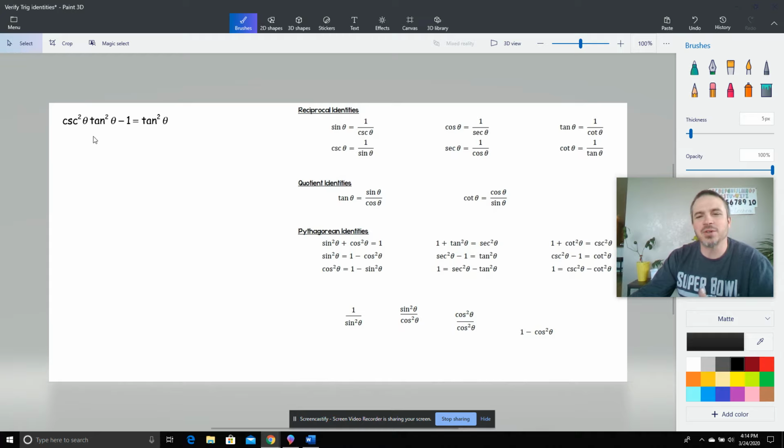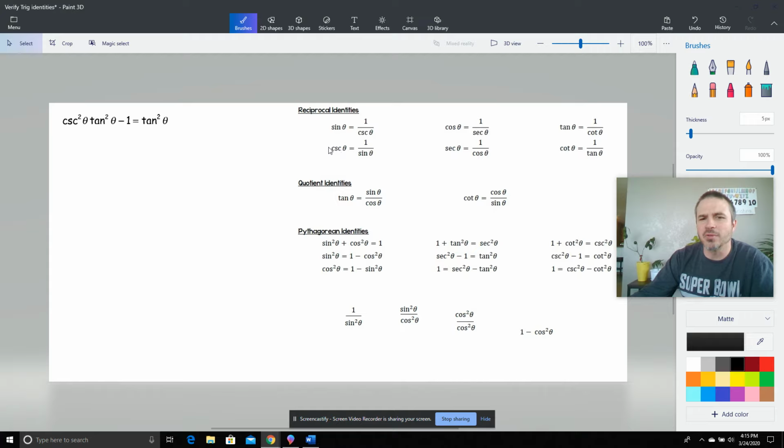Still the cool strategy of turning everything into sines and cosines. And we're still going to pick on the bully, right? So we're still picking on this left side, pick on the big one, okay? But now in looking at cosecant of theta, we're going to see it over here, but instead of looking at this basic reciprocal identity, we're going to square everything, okay?